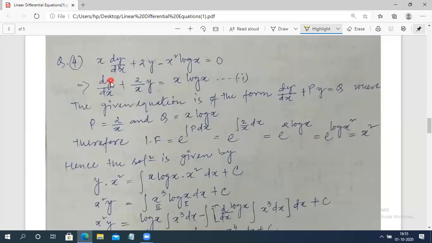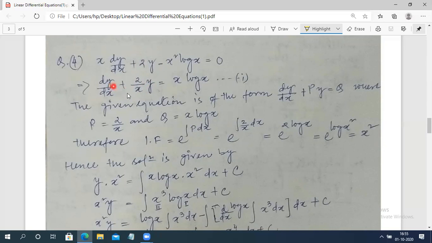Since it is dy by dx, we have to consider this as your p. P is your 2 by x into y.